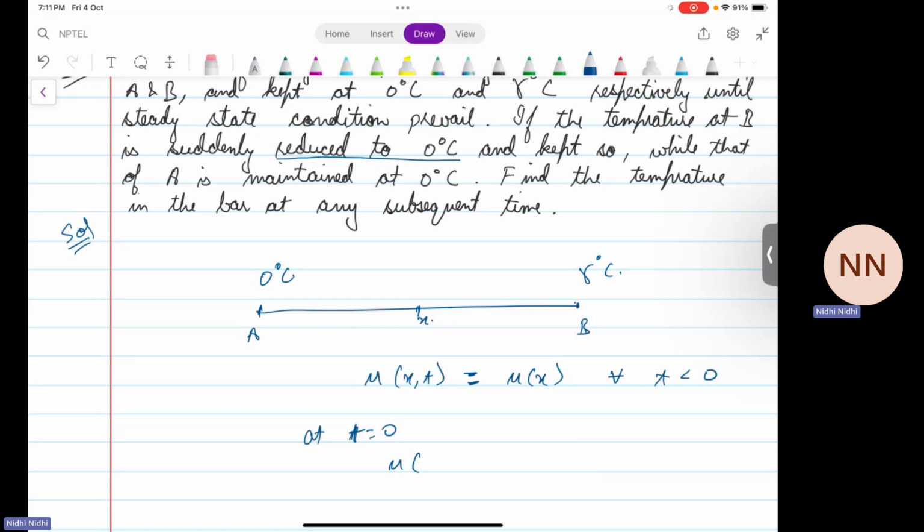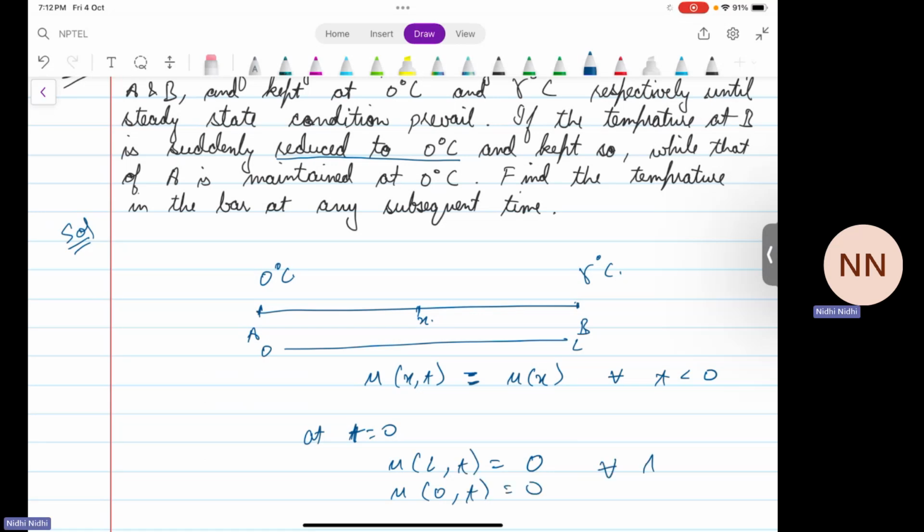And if the length of the rod is L, let us suppose this to be 0 to L. So the temperature at point L at time t equals 0 is 0, and it is maintained 0 at point A as well.